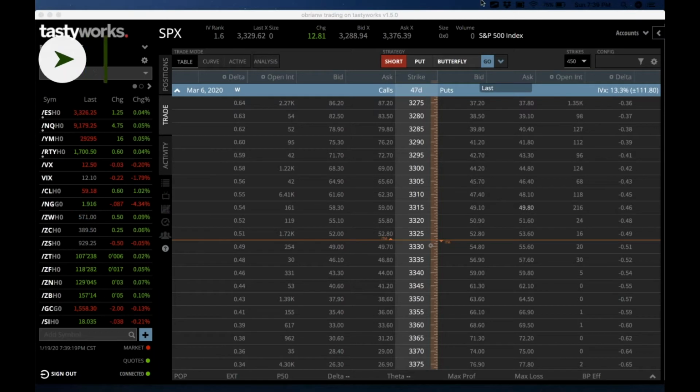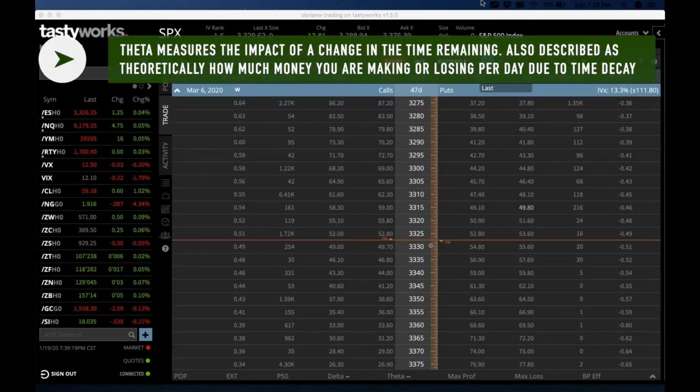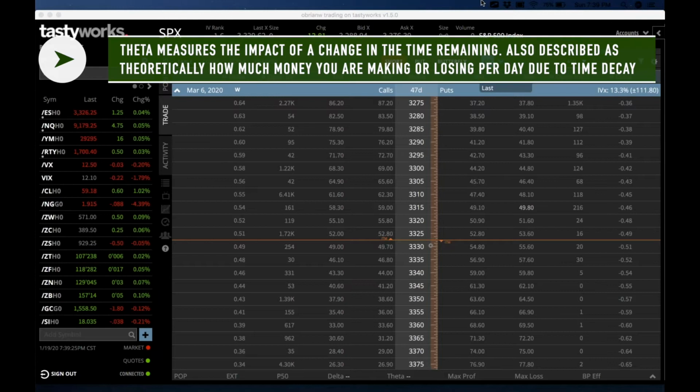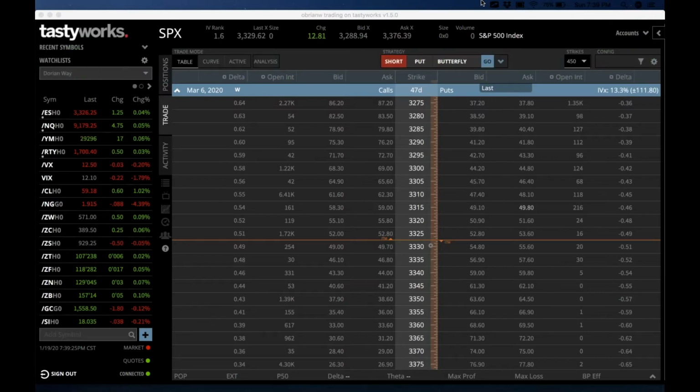And you have Theta, which is how much you are theoretically making each day based on time decay. It's theoretical because if you have positive Theta, it could come out all in one day or come out over several days. So if you have 100 positive Theta, that means theoretically that's how much you're making each day based on time decay.